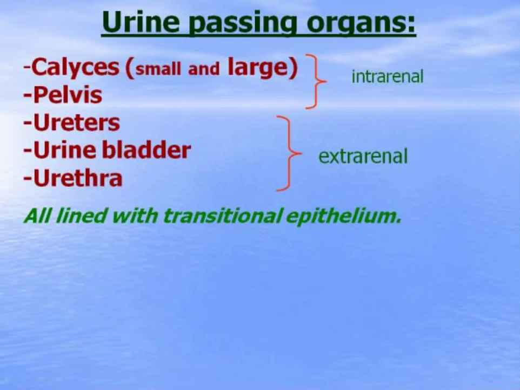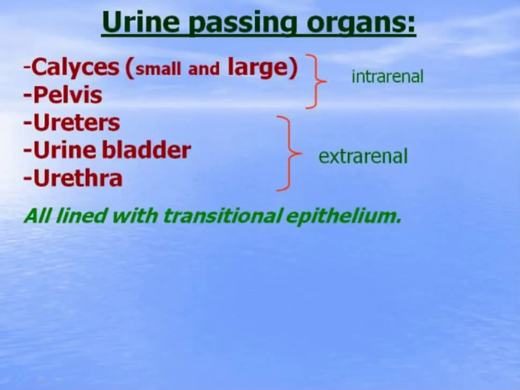Urine passing organs consist of calicles, small and large, and the pelvis. They are intrarenal. The ureters, urinary bladder and urethra belong to extrarenal urinary passing organs. All these organs are lined with transitional epithelium.